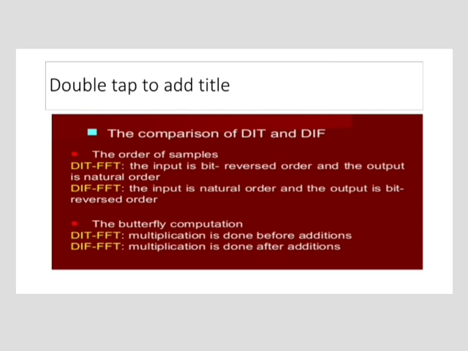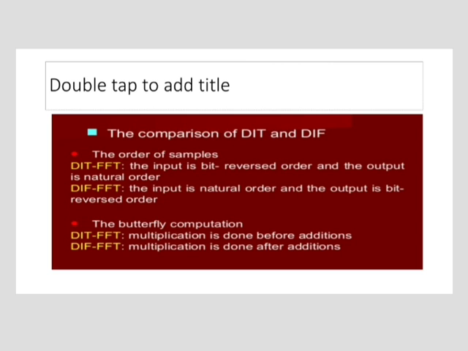The DIF butterfly is slightly different from the DIT butterfly, the difference being that the complex multiplication takes place after the add subtract operation in DIF. That is, in DIT FFT multiplication is done before the addition, and in DIF FFT multiplication is done after addition.